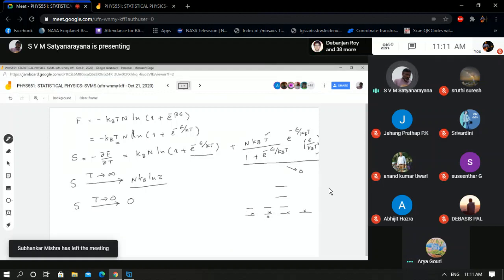It is like all heads or all tails. So the number of microstates of such a configuration is only one, right? So the entropy will be k log 1, which is 0. So you should get 0 as T goes to 0. So are we getting 0?